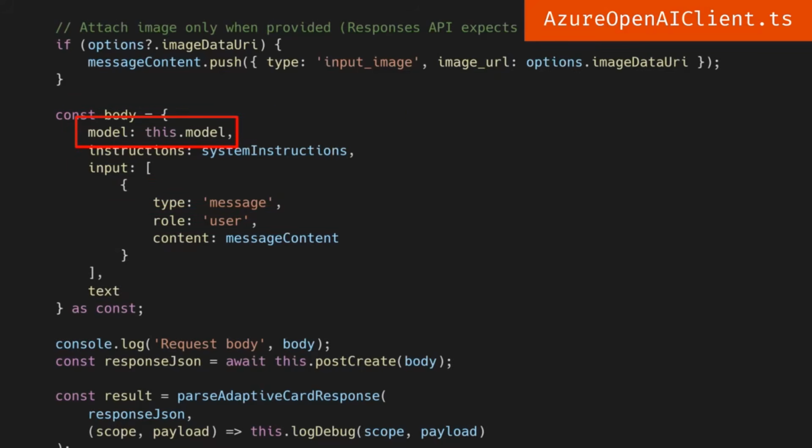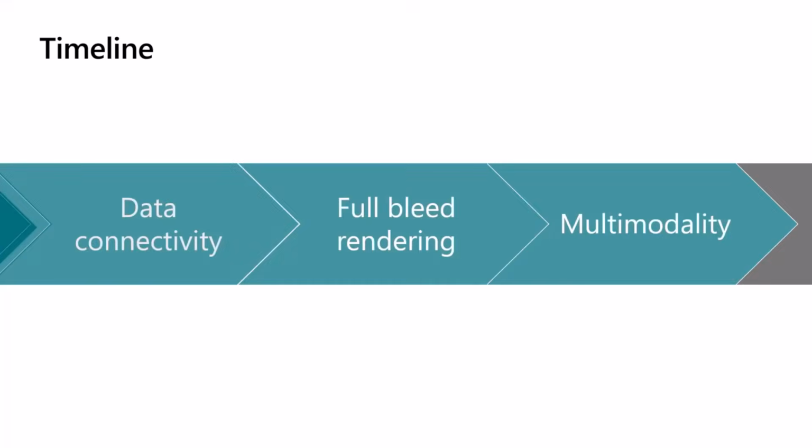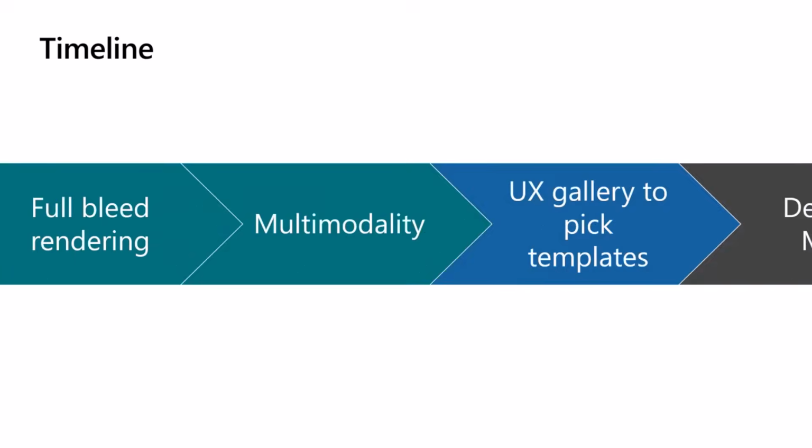If you're using this feature of uploading images, you have to make sure that you include a model that supports images. And then all I need to do in this case is just send a create post to the Responses API. All right, so this was, super quickly, how to include multimodality into our application.